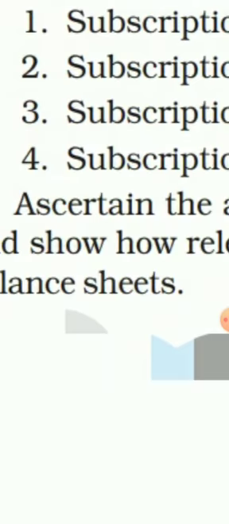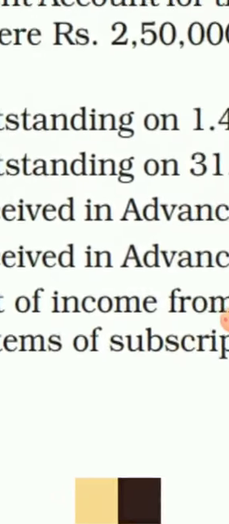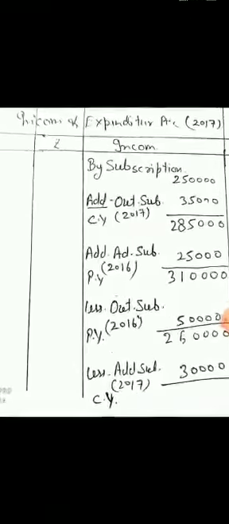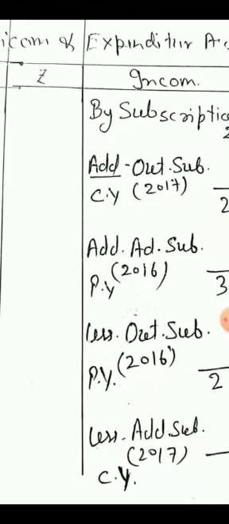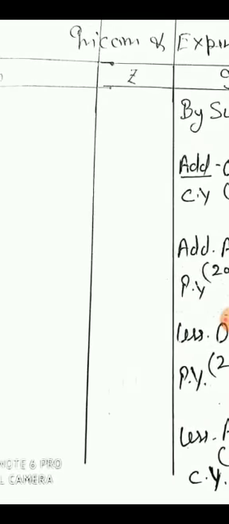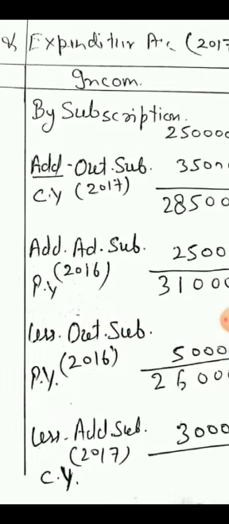In this question we are going to make the income and expenditure account, so this subscription in the income and expenditure account, and also show the balance sheet of opening and closing. Now we are going to solve this question, and for solving, just see, the income and expenditure account.